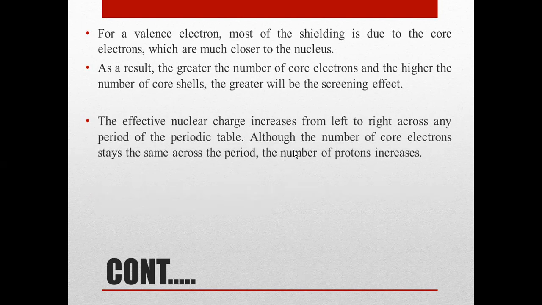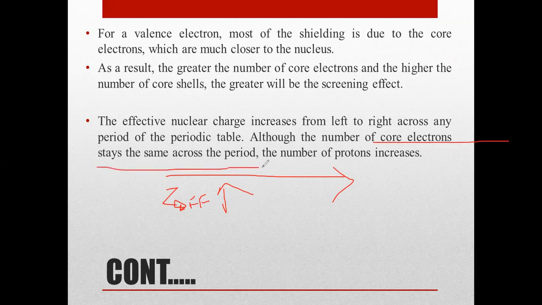Left to right along the period, your Z effective always increases, because the number of core electrons stays the same even though the number of protons increases.